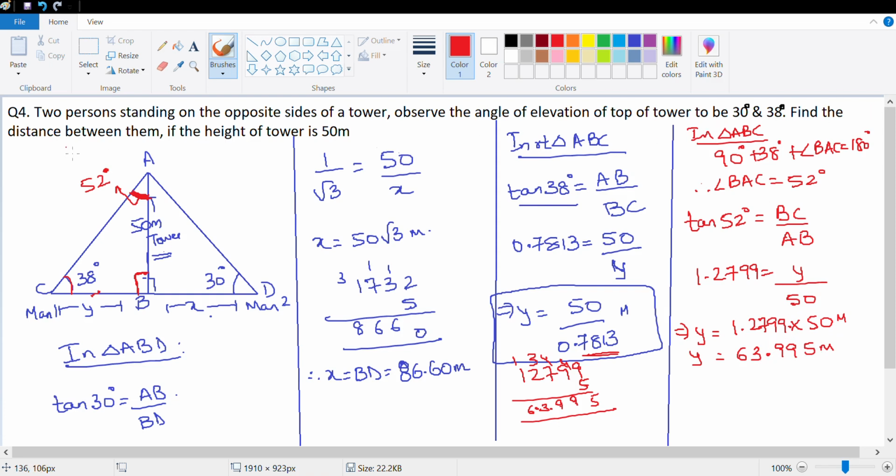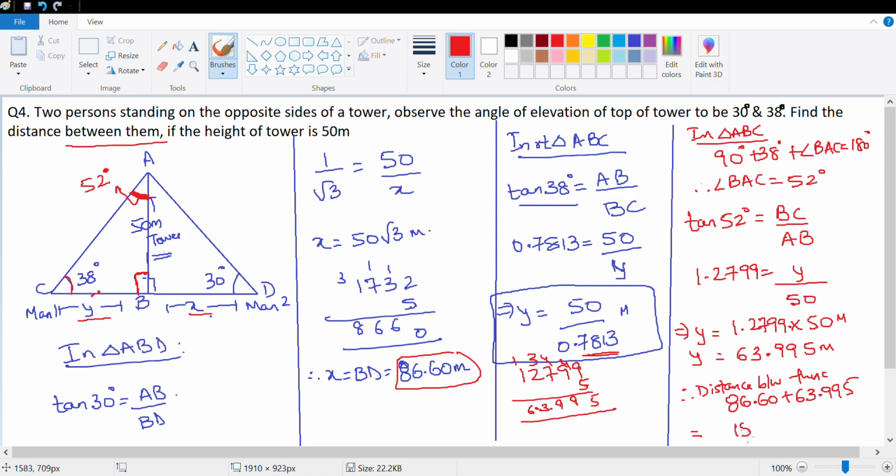Find the distance between them. Which means the distance between them is Y plus X. Therefore, the distance between them is equal to the first value, 86.60, plus 63.995.